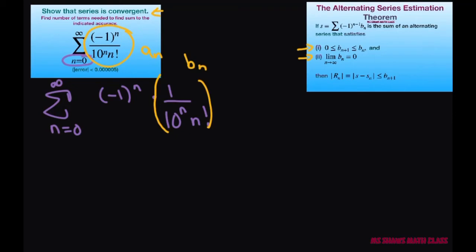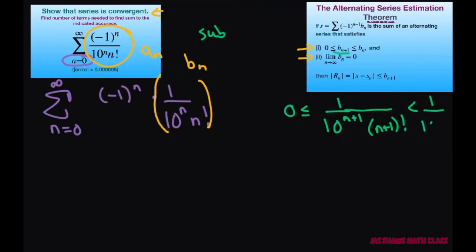So for it to be convergent, we have to determine that 0 is less than or equal to, for this b sub n, and I'm saying sub for subscript, we're going to write this as 1 divided by 10, and instead of n, you're going to write n plus 1, and then n factorial is going to be n plus 1 factorial, and that has to be less than 1 divided by 10 to the power of n times n factorial.